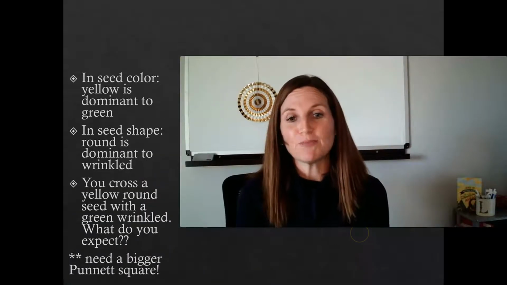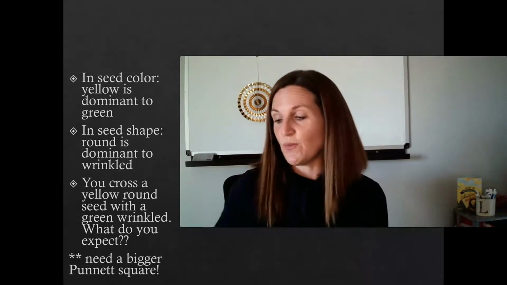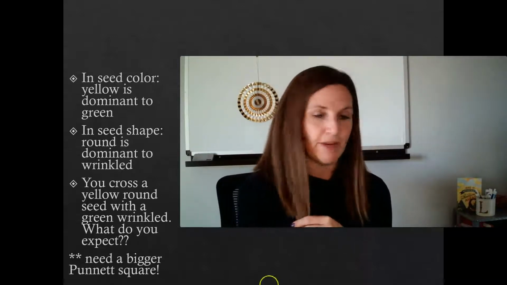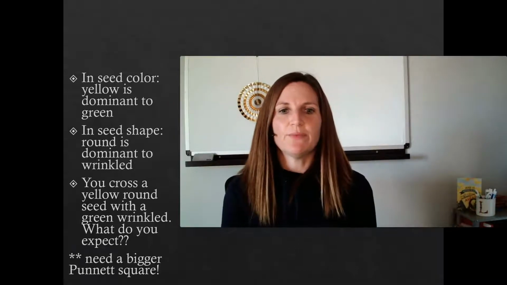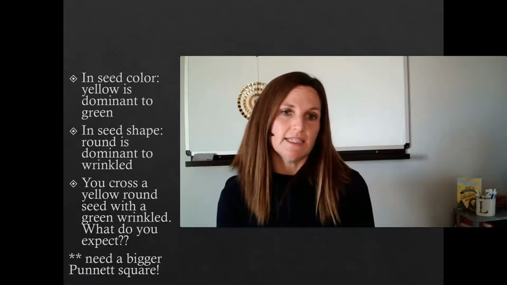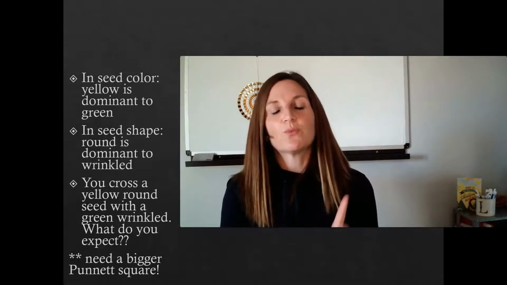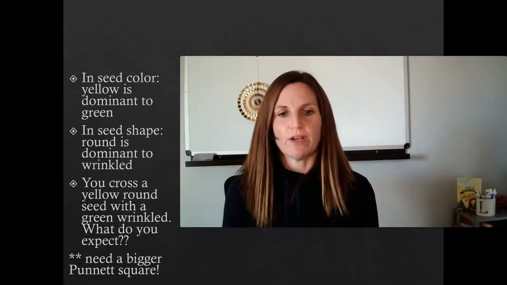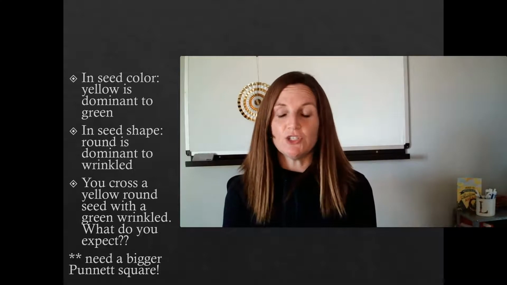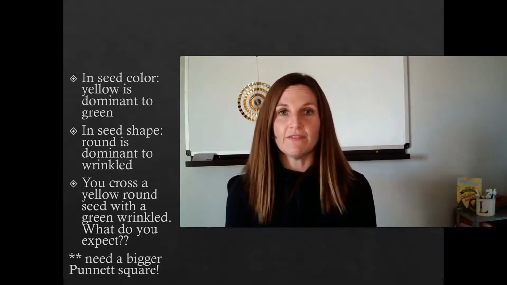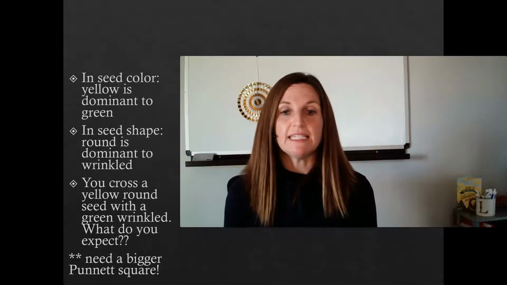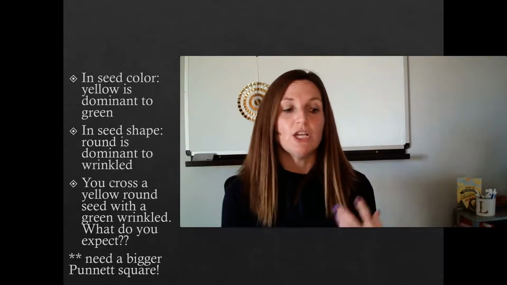So to start out this problem, we need to start with some factual information. So we're looking at the facts, and we see that yellow is dominant to green in seed color, and that round is dominant to wrinkled. And so the first thing that we need to do is identify the different phenotypes that we're going to be seeing and their corresponding genotypes.